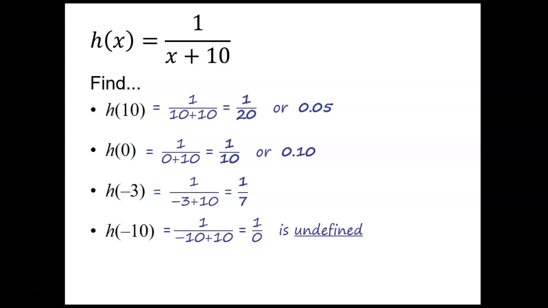So negative 10 is not part of the domain of this function. We can put in any other number and it works just fine. It gives us whatever it gives us. But if we try to put in negative 10, it just coughs and smoke comes out and the function breaks down. So the domain of this function, the set of numbers that we are allowed to plug in, is everything except negative 10.